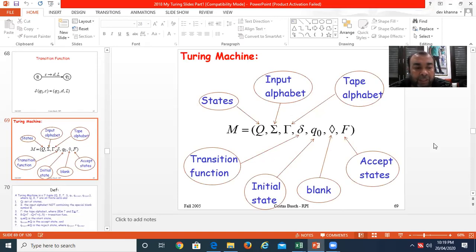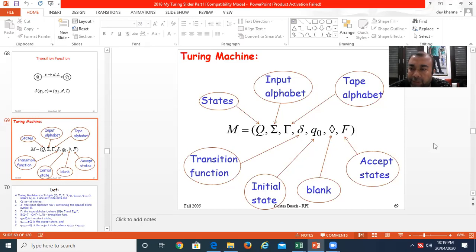So these are the tuples of Turing machine: 1, 2, 3, 4, 5, 6, 7 tuples. Capital Q is the set of states. Sigma is the input alphabet. Gamma is the tape alphabet. And the tape alphabet is the larger set because it contains the input alphabet as well as the symbols that can come onto the tape after writing.